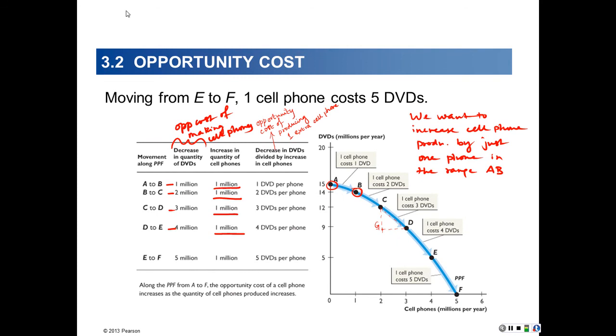So in the range A to B, the opportunity cost of 1 million cell phones is equal to 1 million DVDs.